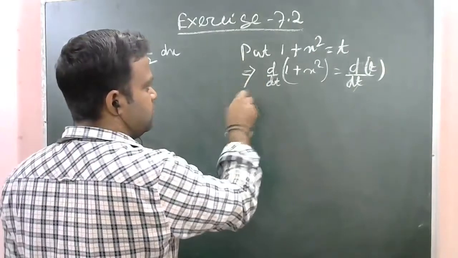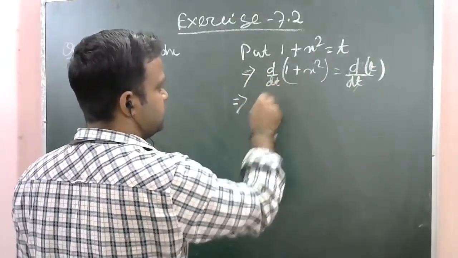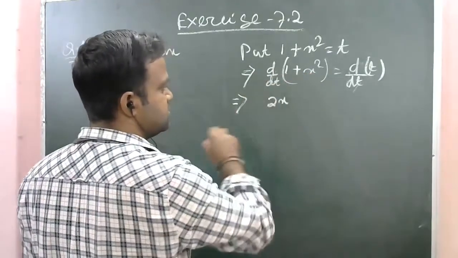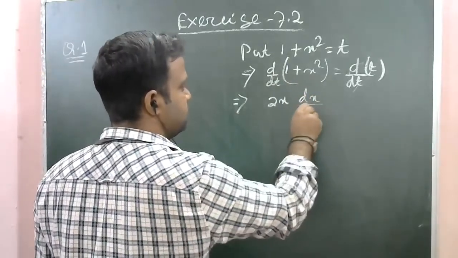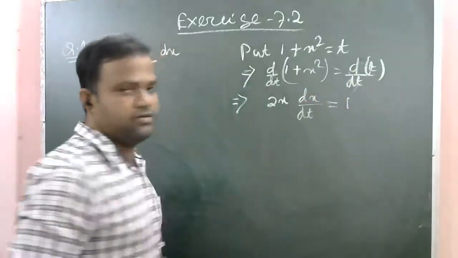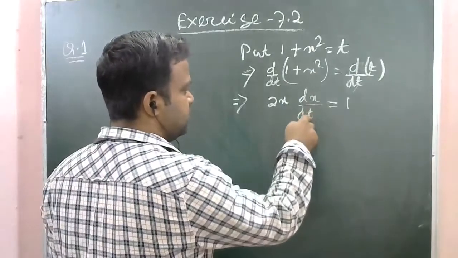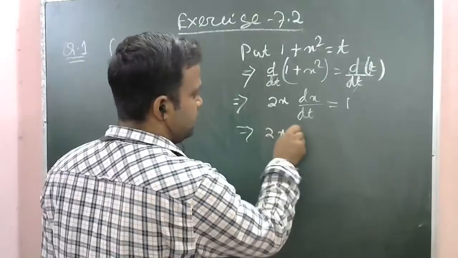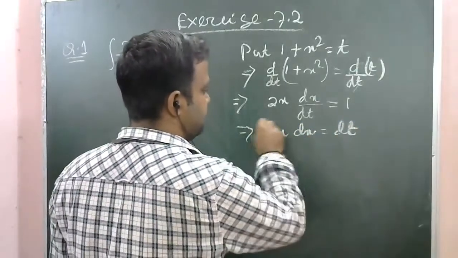Now d by dx of 1 plus x square, the constant is 0, and d by dx of x square is 2x, and one extra term will come, dx upon dt, and on the right side d by dt of t is 1. Now I will take dt here, so I can write 2x dx is equal to dt.